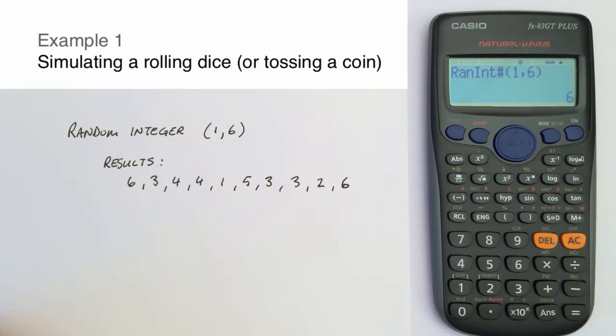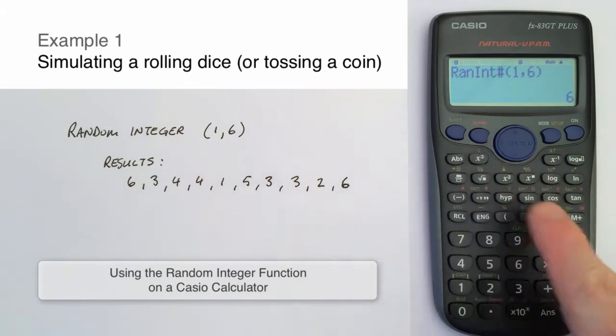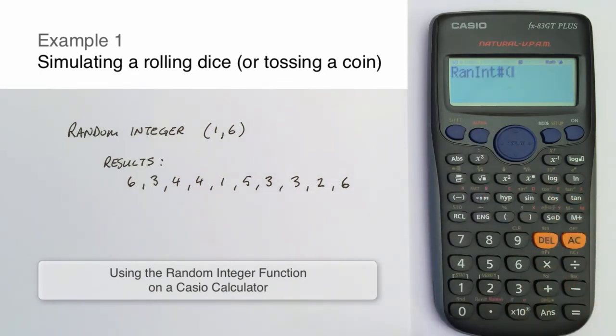You could imagine if I would want to maybe simulate tossing a coin. How would I do that? Well, I suppose that there's two possibilities, heads or tails. So I could call maybe 0 heads and 1 tails. So I could do that by pressing alpha, the random integer, maybe 0.